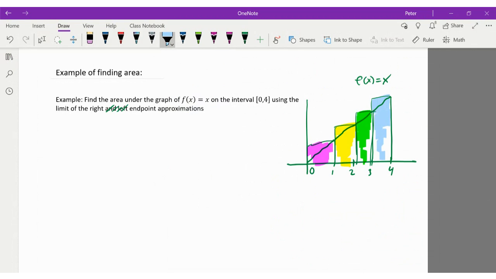There we go, like that. So that's not going to be a very good approximation, but let's see what would happen if instead I let it be infinite rectangles. Well, I get the exact area.